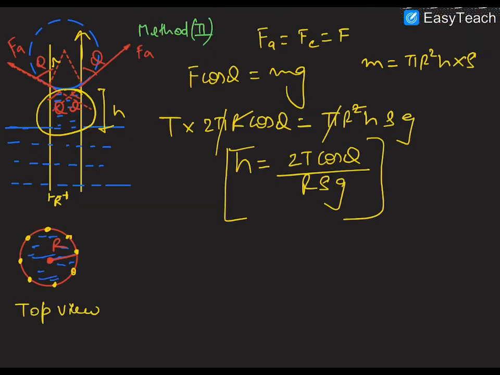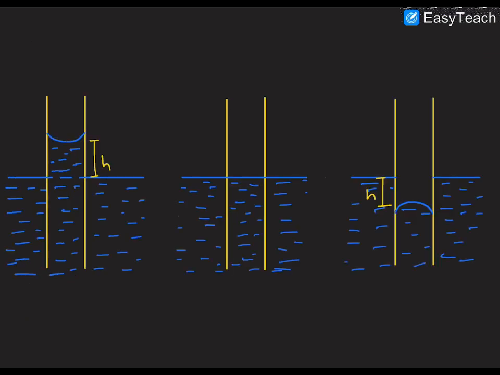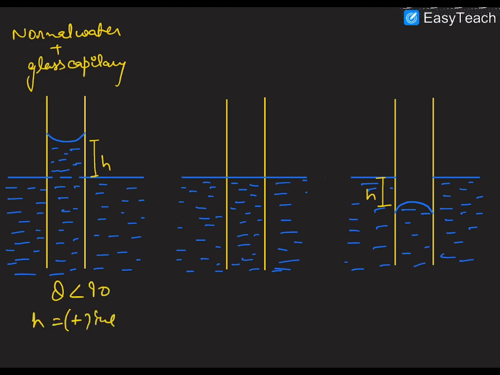So the second method will be helpful in solving complex numericals. Now, in the case of normal water plus glass capillary, theta is acute, theta is less than 90, so H will be positive. So if normal water is filled in a glass capillary, then definitely it will rise.